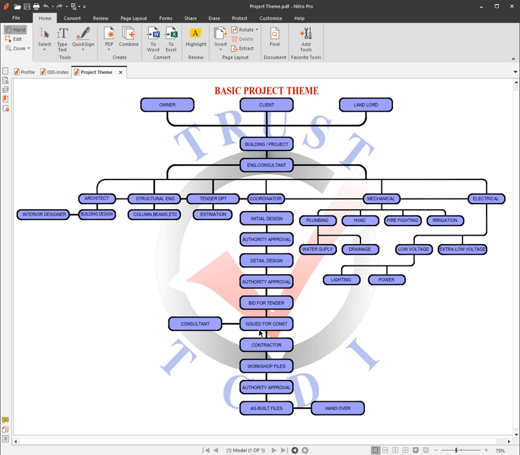Now basically the consultant has nothing to do with owning the project, because the owner is someone else, but he needs someone who can supervise the contractor, that they are going as per schedule and using the same materials as the consultant recommended. So they hire a consultant on the site as well, and on site when the contractor is working, he submits his work to the consultant.